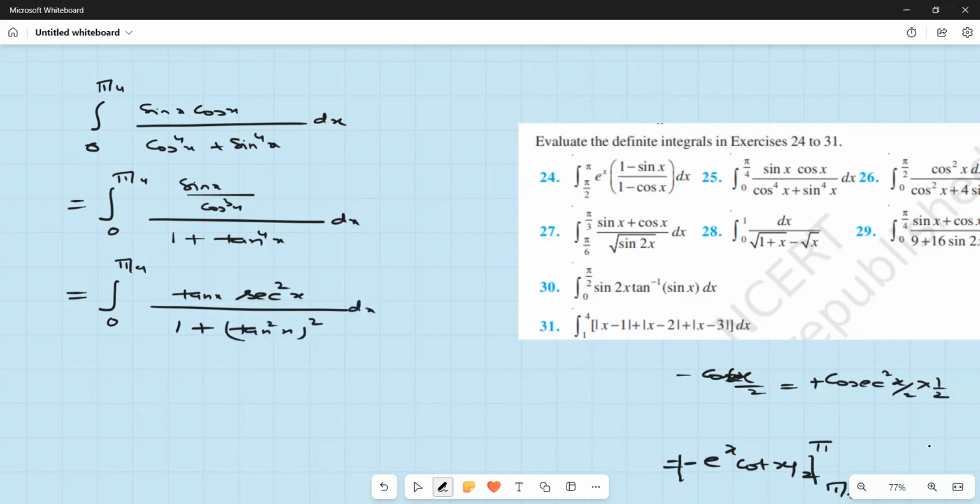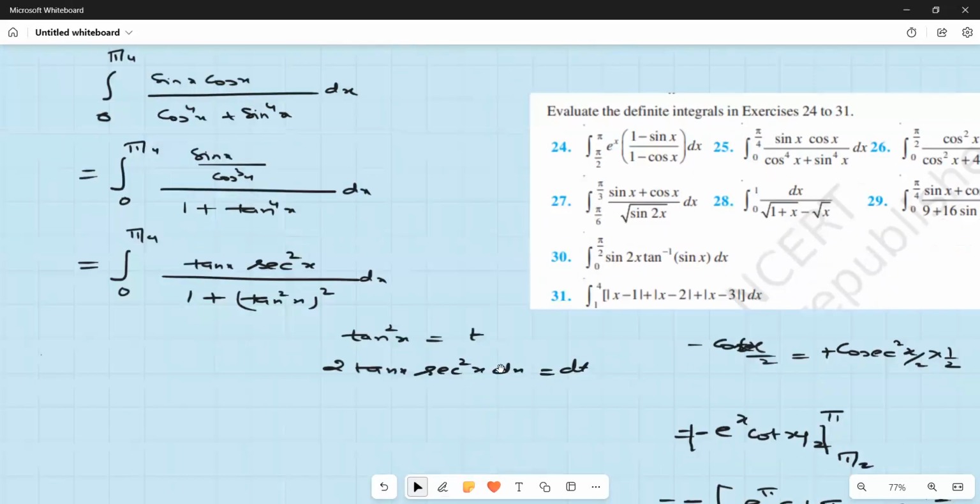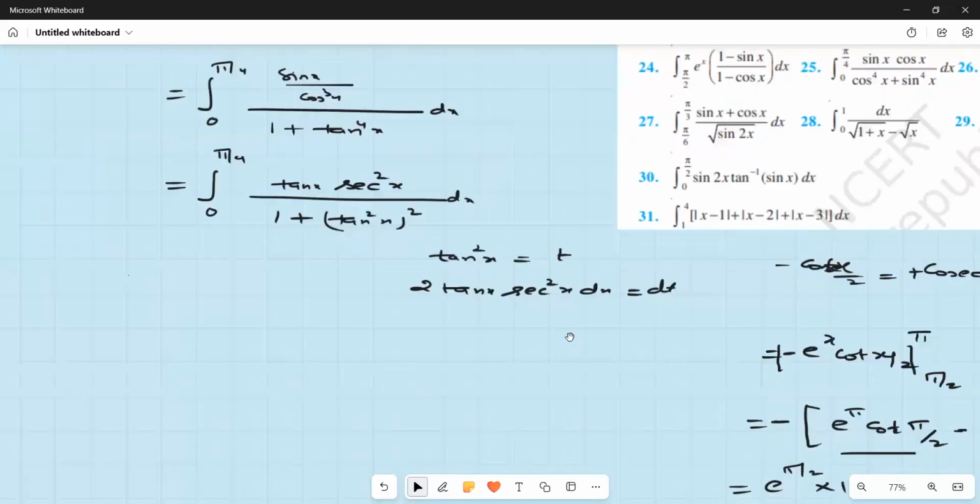Why have I taken tan square? I am going to take tan square x as t. So 2 tan x sec square x dx is equal to dt, by the substitution method. Now, if you want to change the limits, you can change over here. Otherwise, you can directly take it in the end, but then you have to take just the indefinite integral.